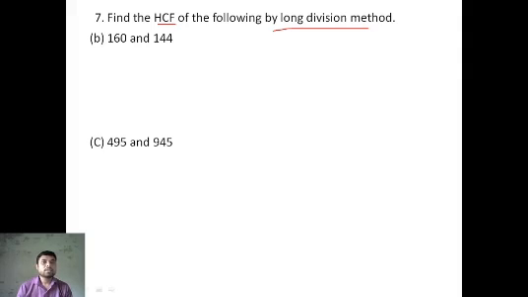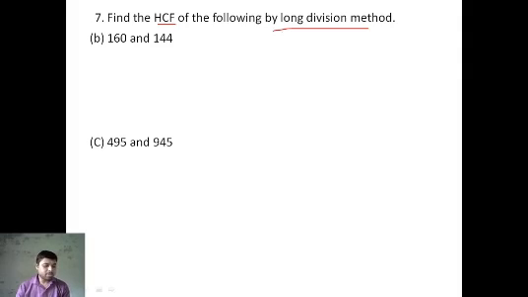But when you are instructed to do it by the long division method, and you do it by the prime factorization method, that will be wrong. That's why the methods are very important.